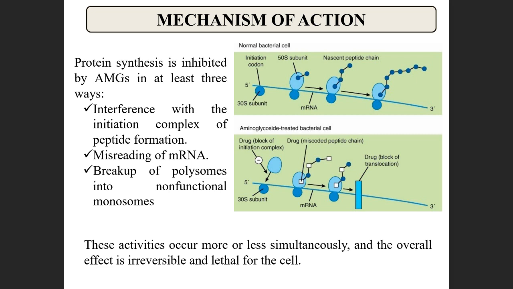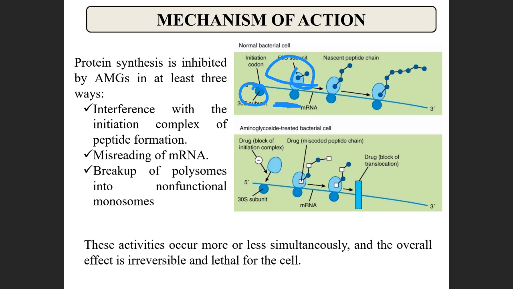So here, in the normal case, the 30S subunit is there, and the 50S subunit is coming and binding to it, and the formation of protein is taking place over here. So here, this is the 30S subunit and this is the 50S subunit.